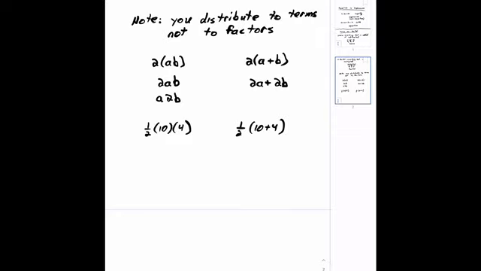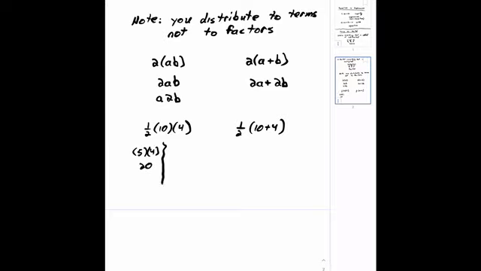I'm just trying to illustrate something. Let's say you want to multiply the 1/2 first. Would you give the 1/2 to the 10? Would you give it to the 4? Or would you give it to both of them? Well, you don't give it to both of them because the 10 and the 4 are factors.